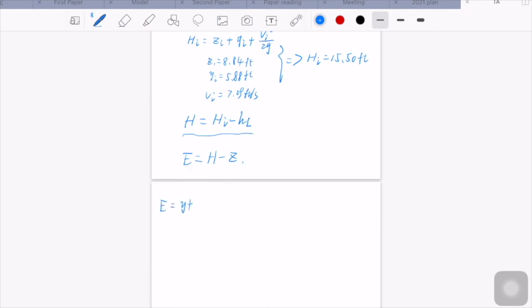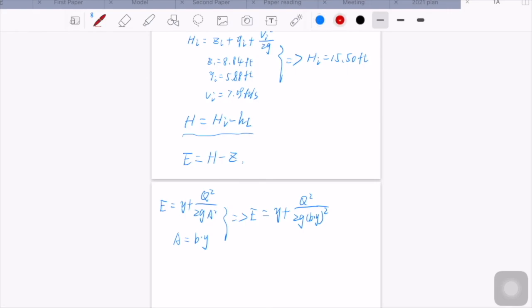For the water depth column Y, we can use the equation that we know E equals Y plus Q squared divided by 2g times A squared, and we know A equals B times Y. So now E equals Y plus Q squared over 2g times B times Y squared.